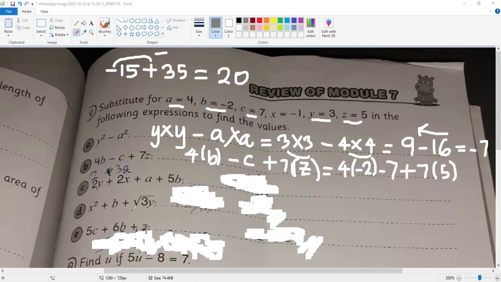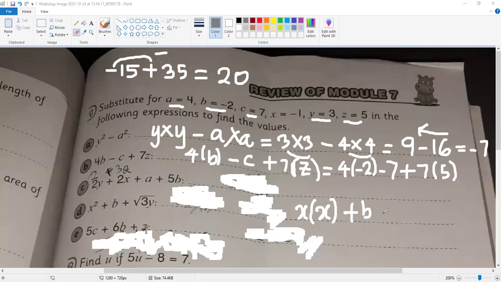X squared plus b plus root 3y. Now, x squared is expanded as x times x. So I can choose to use x dot x or x bracket x or x times. Let me just maintain my bracket. X bracket x plus my b.